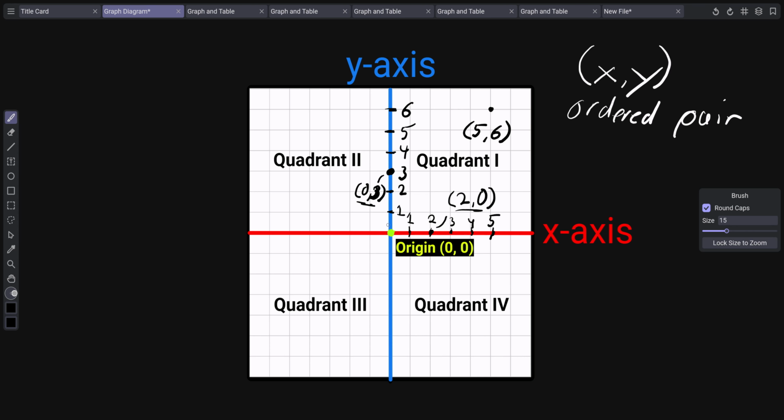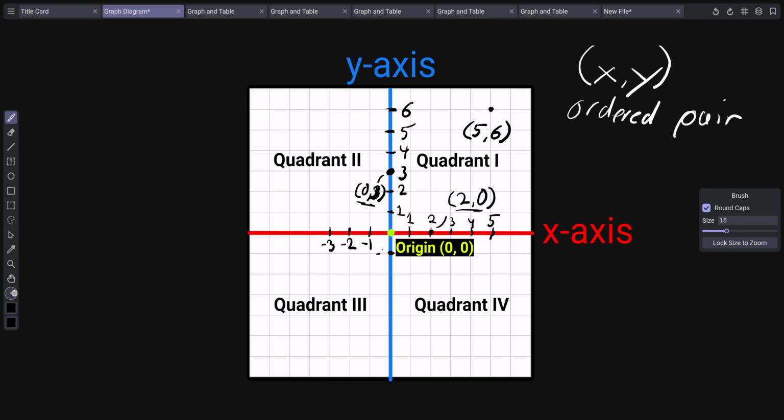And then we can also go left and we can go down. So let's say if we went left, so we're going to the negatives now. Keep that in mind. So left, -1, and then we go -2, and then we would go -3. And say we wanted to go down here on the y-axis.